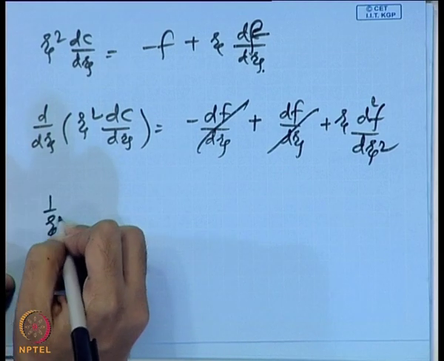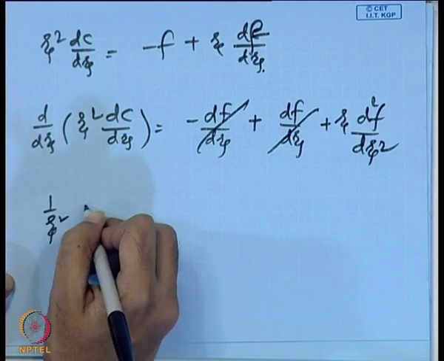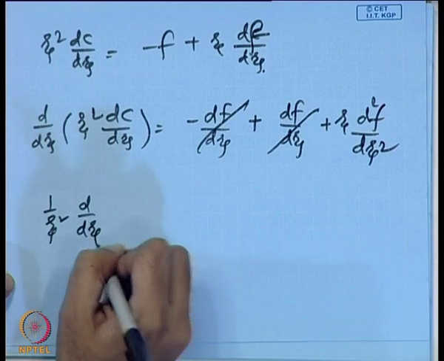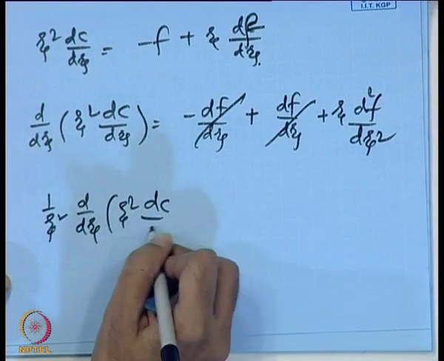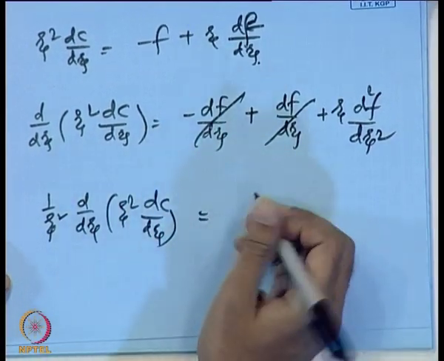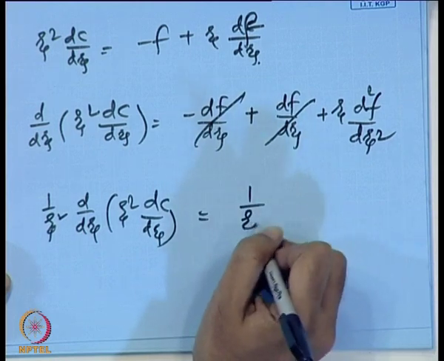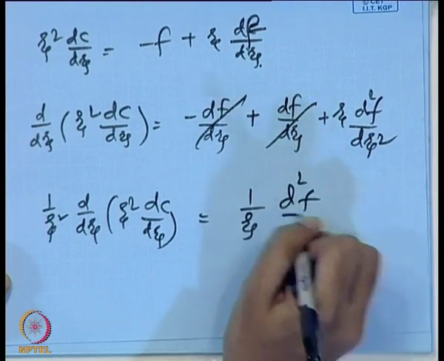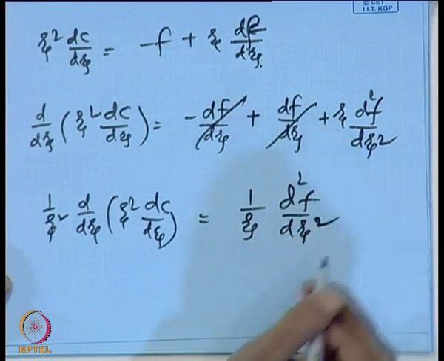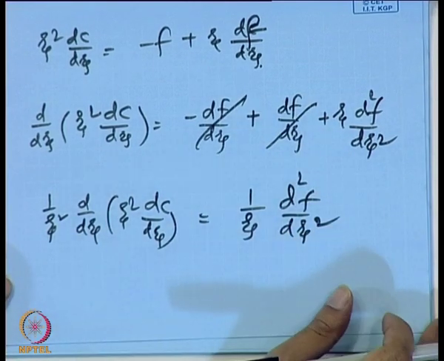So 1 over psi square del psi of psi square del C del psi equals 1 over psi times del 2f del psi square, right?